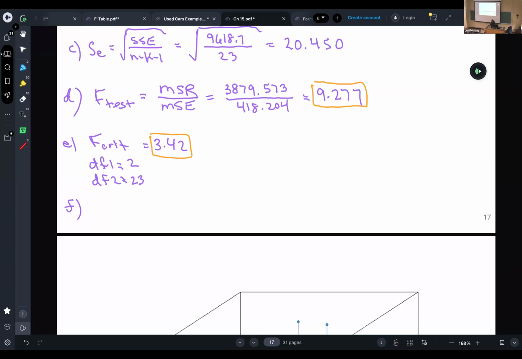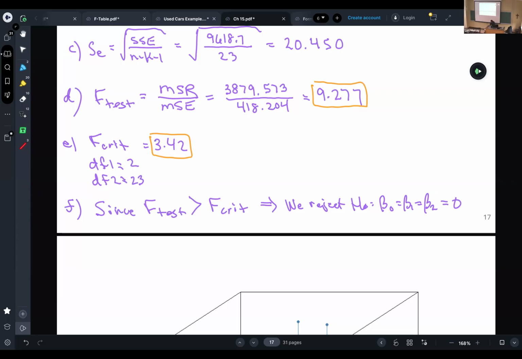So the F test statistic, is it greater than the critical value? Yes, greater than the F critical. This is good. Then we reject the null hypothesis, which was B naught equals B1 equals B2 equals 0.